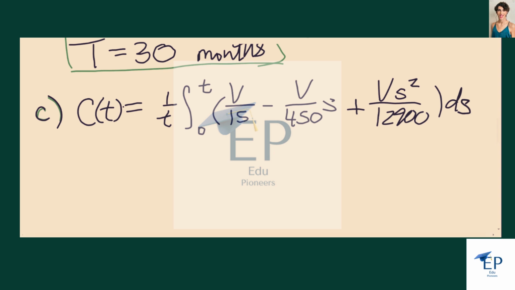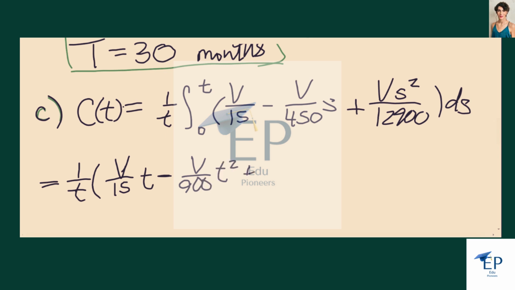And now we'll integrate to obtain the polynomial form of c. So this is equal to 1 over t times v over 15 t minus v over 900 t squared plus v over 38,700 times t cubed.